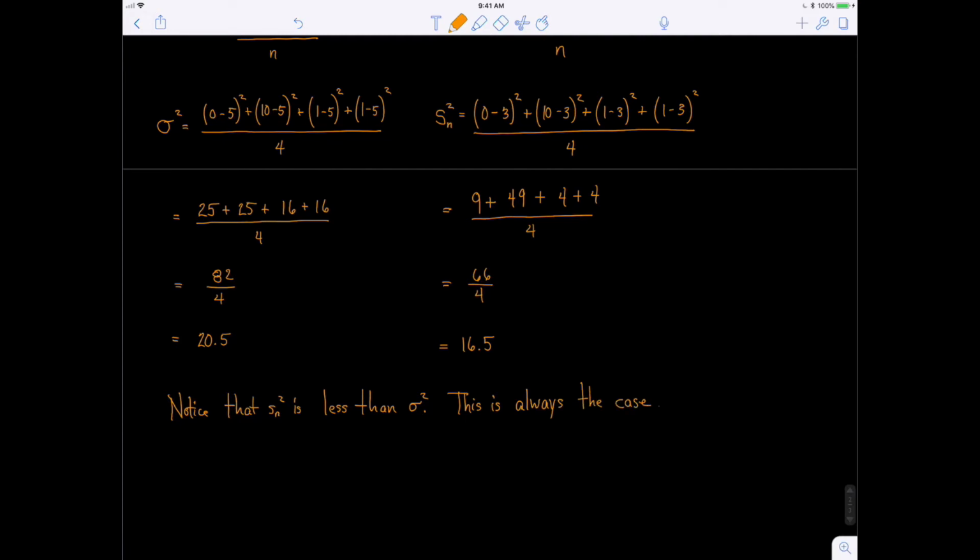And because we know that Sn squared is always less than sigma squared, it is called a biased estimator.